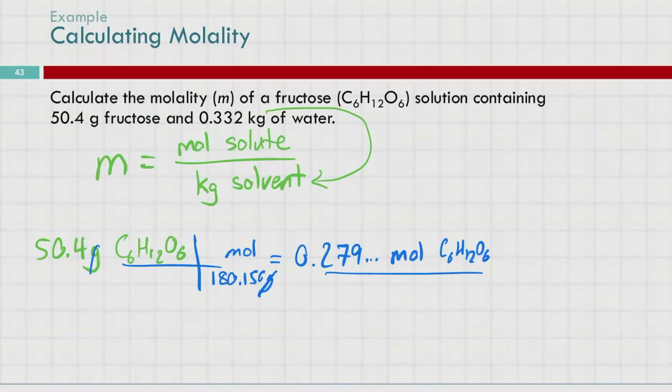So divide by our kilogram solvent, 0.332 kg H2O. And it's 0.84, round up to 3, lowercase m, C6H12O6.